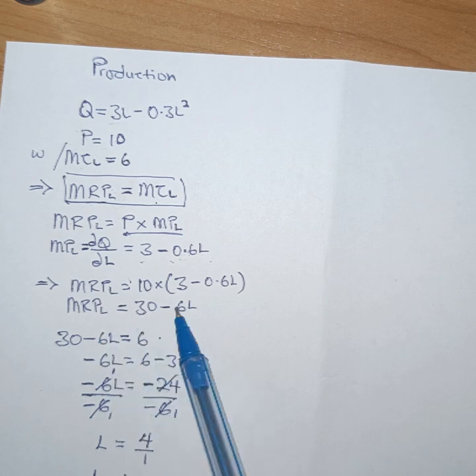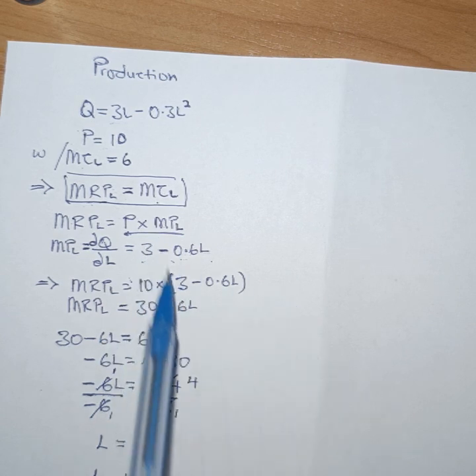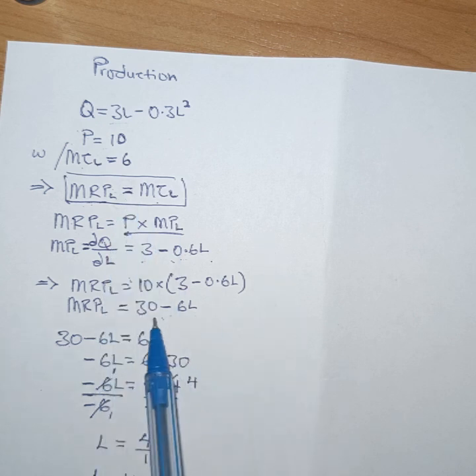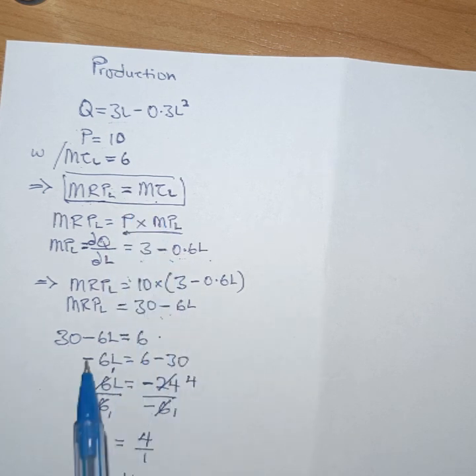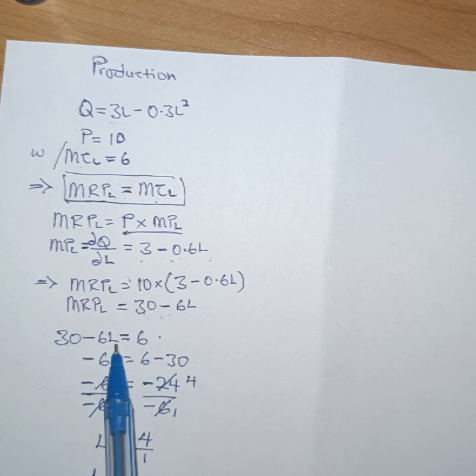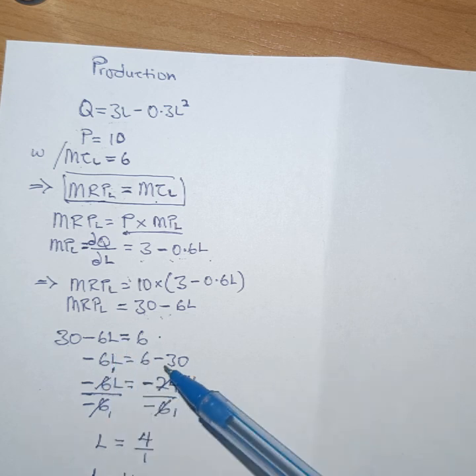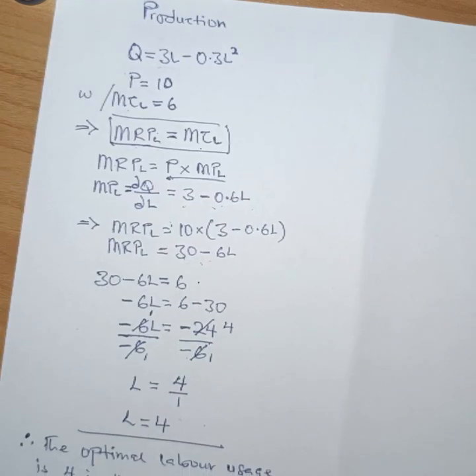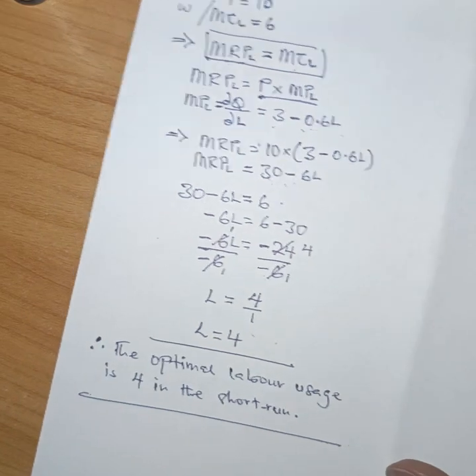When you get this, you are done. Then you put this answer back into the formula, so it's going to be 30 minus 6L equals 6. And then you do change of subject to arrive at your L, which means that your optimal labor usage is 4. So that's how you solve this question.